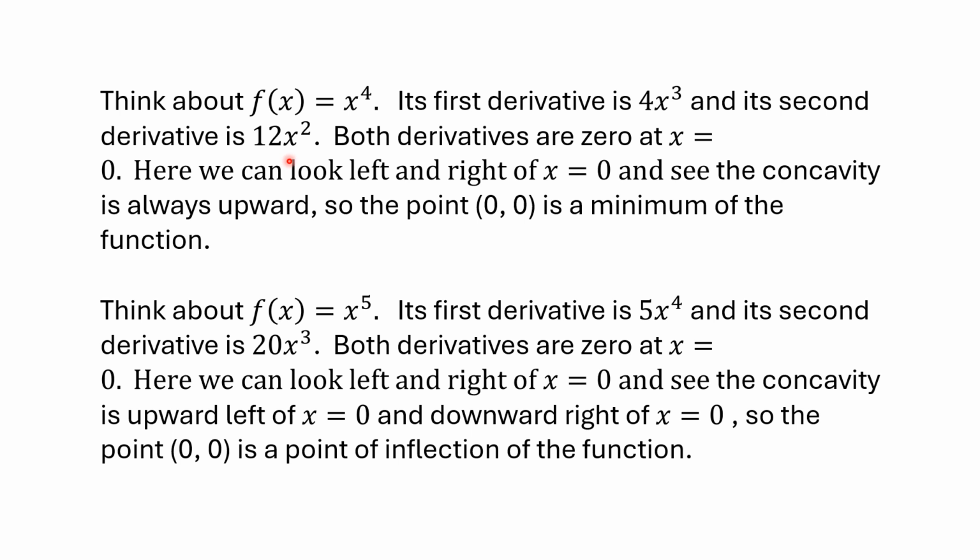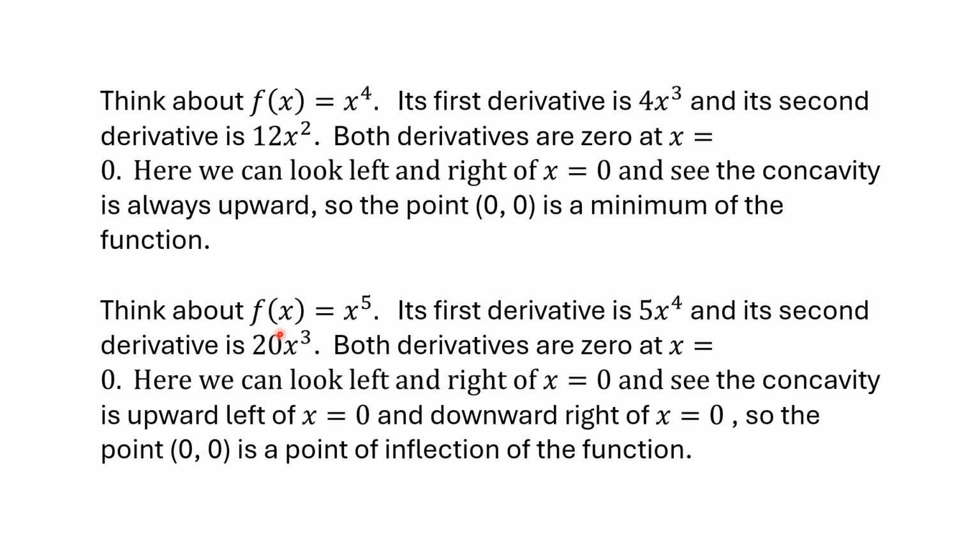Both derivatives are 0 at x equals 0. So here we can look to the left and right of x equals 0 and see the concavity is upward on both sides. So 0, 0 is a minimum of the function. It's concave upward, and this is just a point in that concavity.